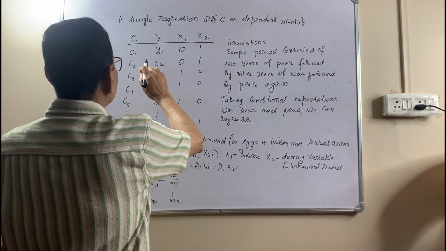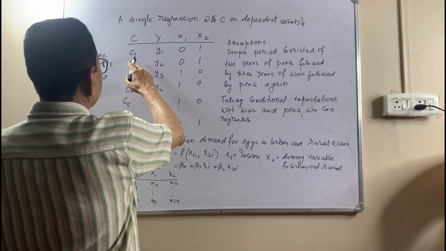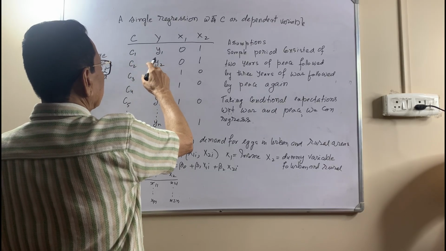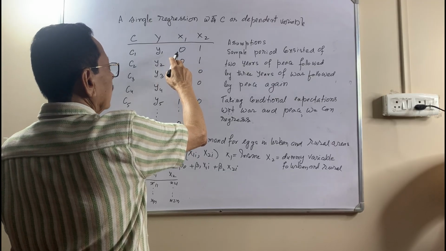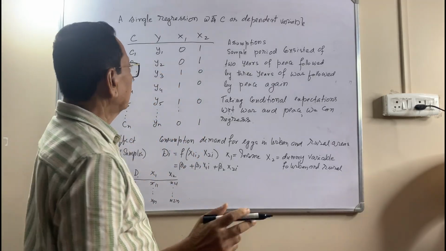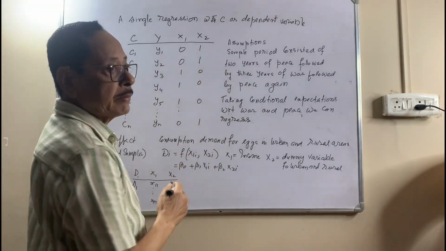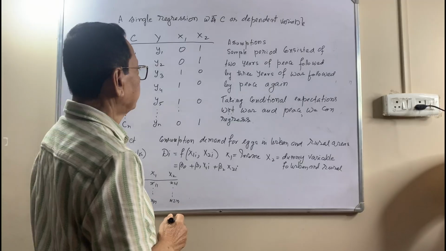So C1 is the consumption level in the first year, against the income level Y1. It is 0 in wartime and it is 1 in peacetime. So it is a binary variable. If it is 0, the other one is 1.